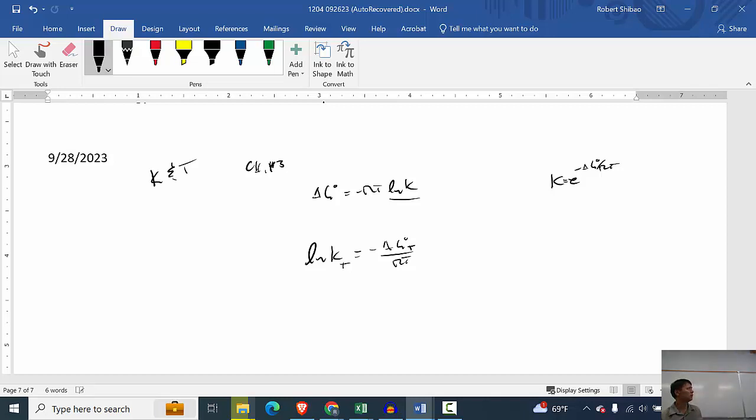And the alternative thing is, okay, this is going to equal delta H naught minus T delta S naught divided by RT.